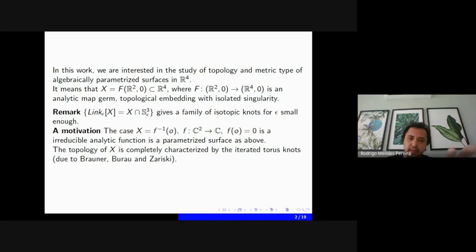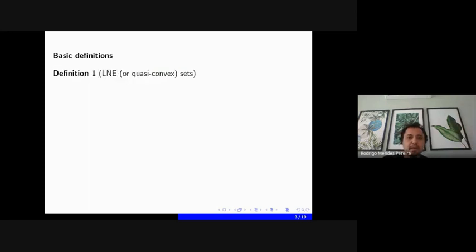So here the topology and the outer Lipschitz geometry, it means up to quasi-isometry, are the same. But for the general case, you need to study it, and then we start with this investigation.